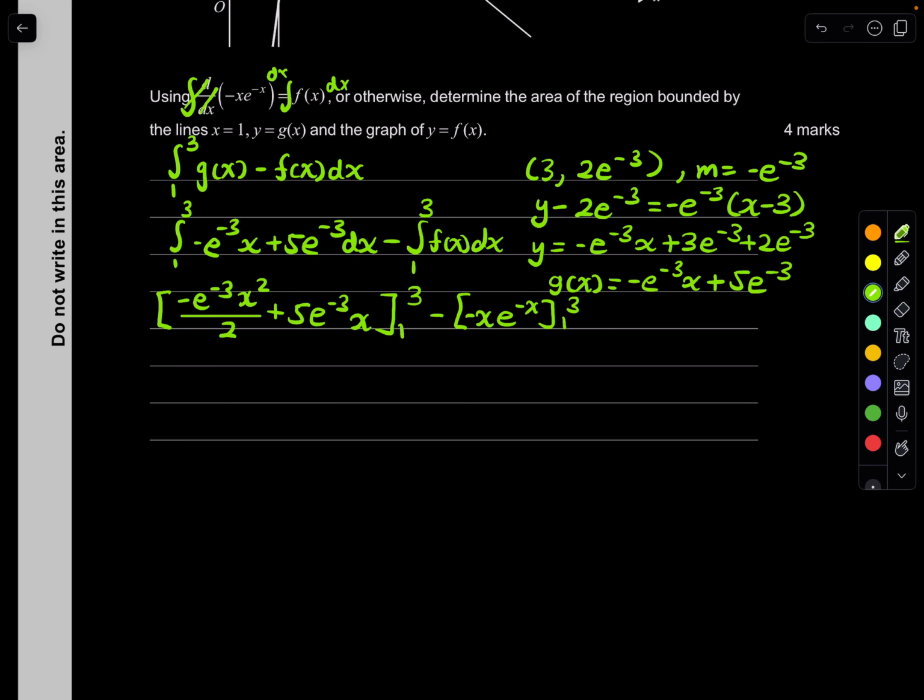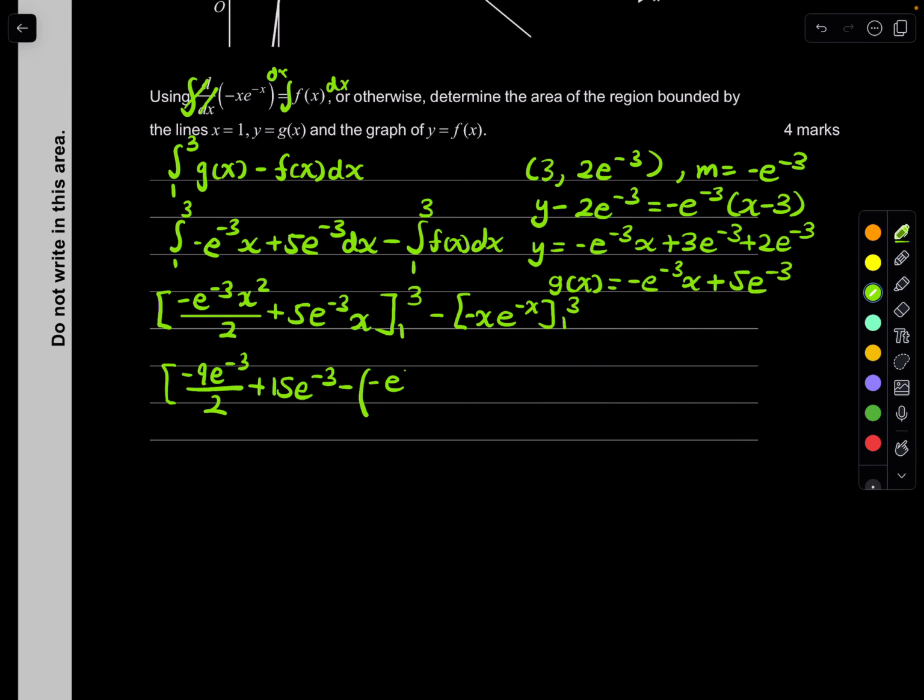So let's sub in 3. It'll be squared, so negative 9e negative 3 on 2. Yep, 3 squared is 9. Plus 15e negative 3 minus... now we sub in 1.